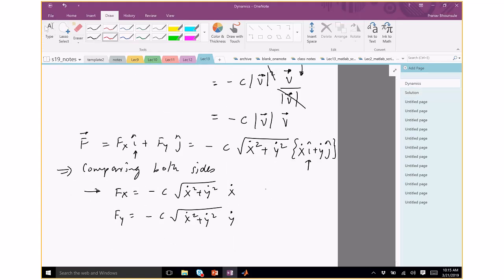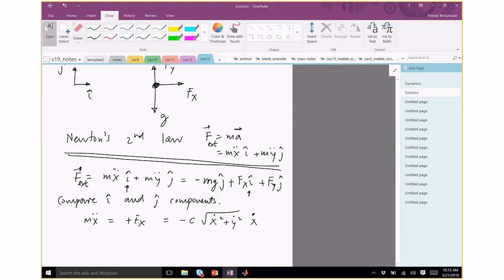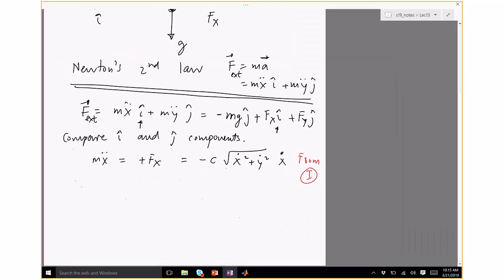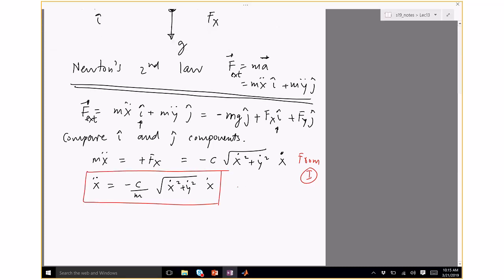Let's just put 1 and 2, and so this is from 1. So let me write down x double dot, which is the acceleration, which is what I'm after when I'm modeling a system, writing equations in dynamics. I'm interested in the acceleration, so that is minus c divided by m times (x dot squared plus y dot squared) times x dot. So that's my first equation.